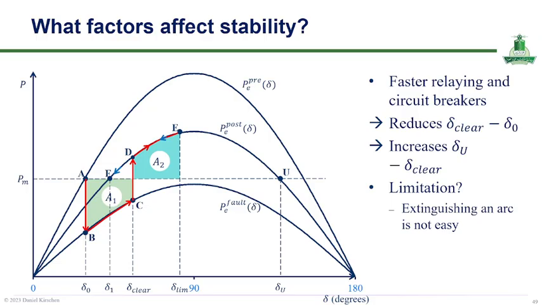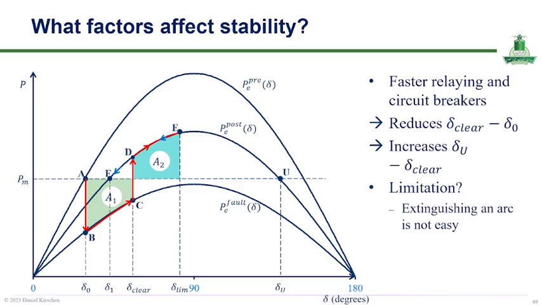So after fault clearing, the system follows the post-fault power curve where the decelerating area A2 helps restore stability. Faster protective relays and circuit breakers improve stability by reducing the fault clearing time and decreasing the clearing angle, delta clear.